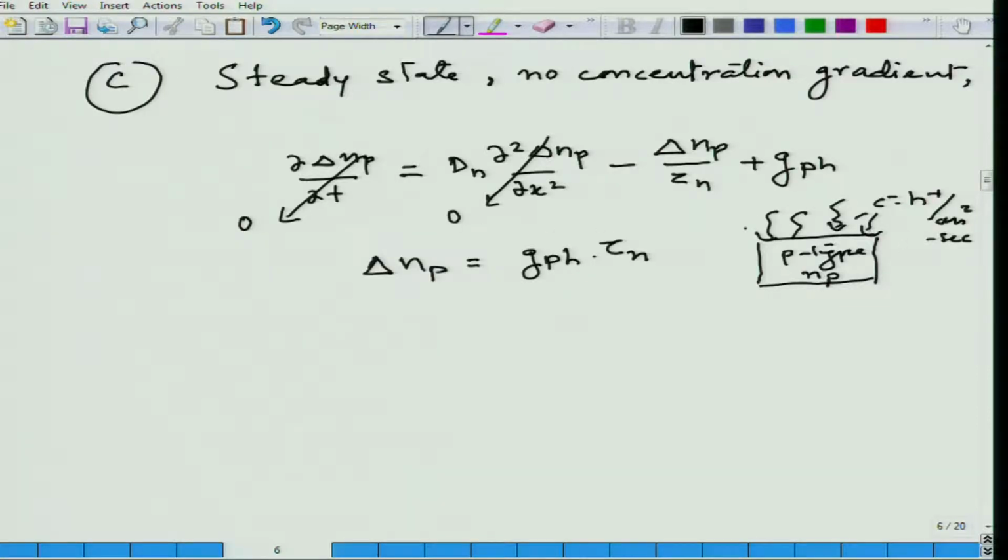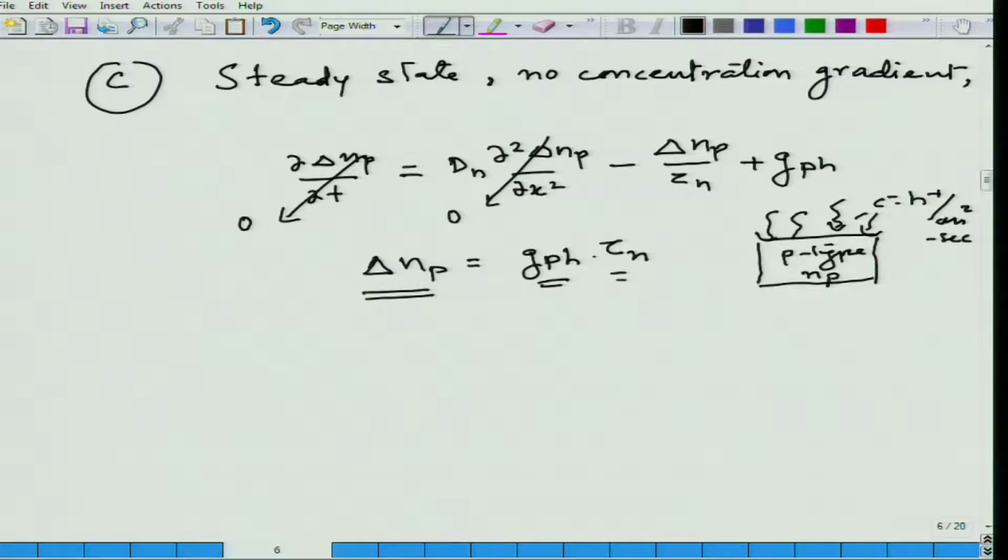If I am shining light uniformly, the second term also goes to 0, then I am only left with the third and fourth term, which has a simple solution: the excess steady state carrier that I am generating is equal to the rate at which I am creating the excess carrier multiplied by the lifetime of the electrons, or the minority carrier, in that material. This is a problem which we will encounter again in the next module, when we have a solar cell and we are trying to see how many carriers are generated there.